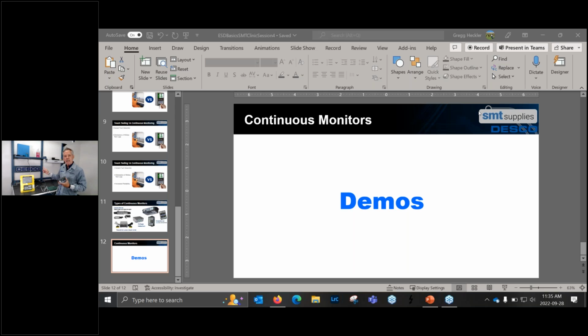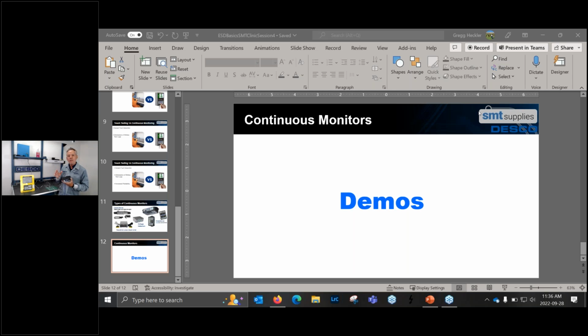What they do is monitor the resistance between two ground points. My mat is grounded to my ESD ground back here, and my white monitor wire is back here. If I lose that connection, I get a fault, and it lets me know that my mat is not being monitored anymore. Whether I lose that one or that one, your monitor is going to alarm.